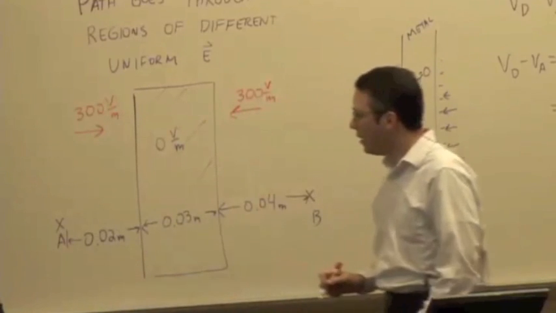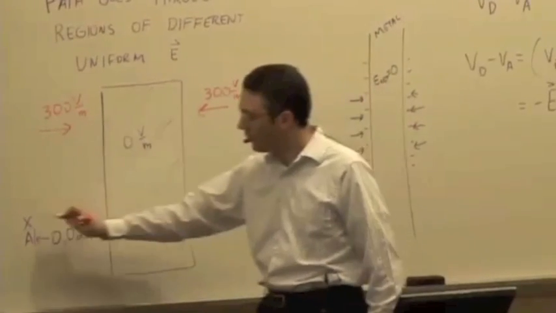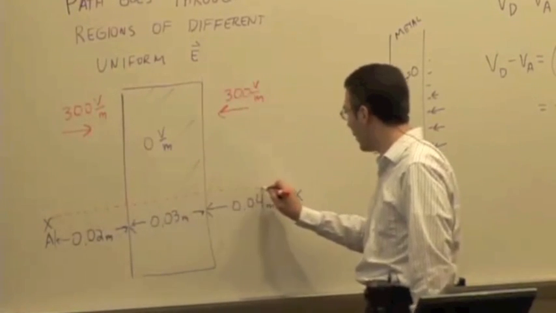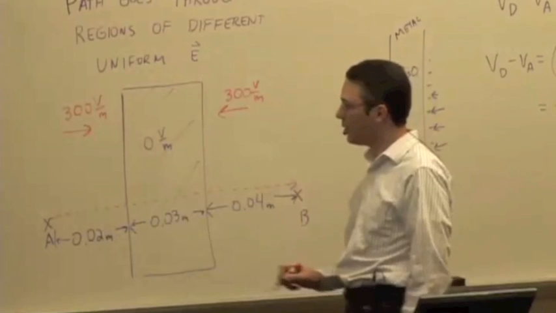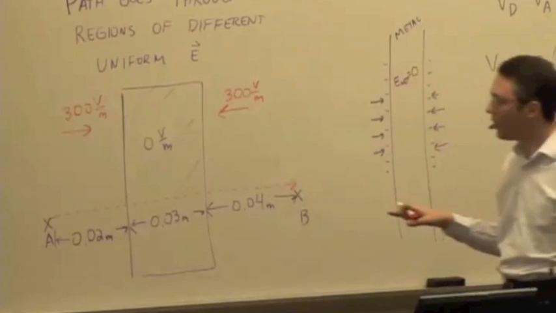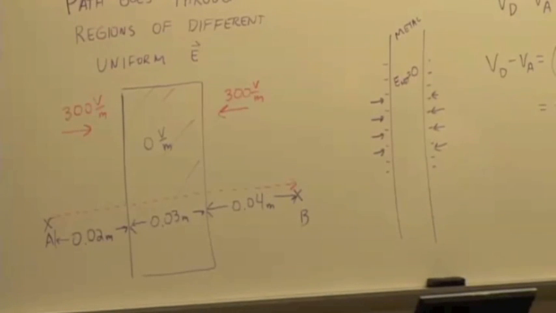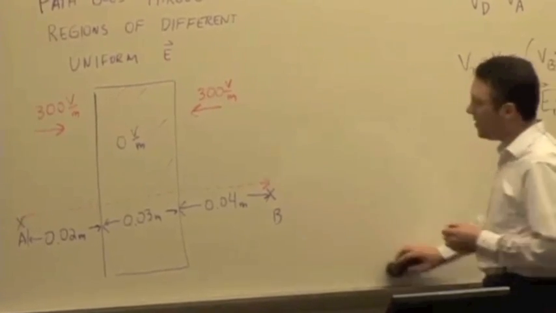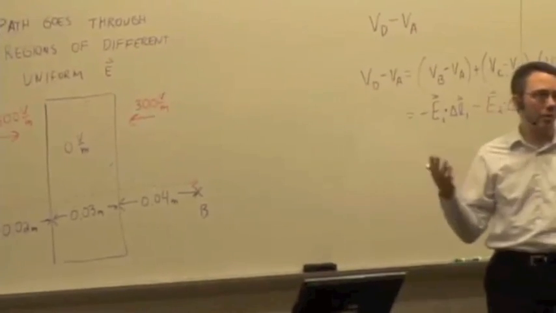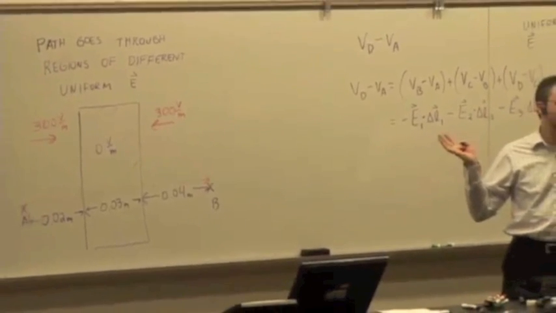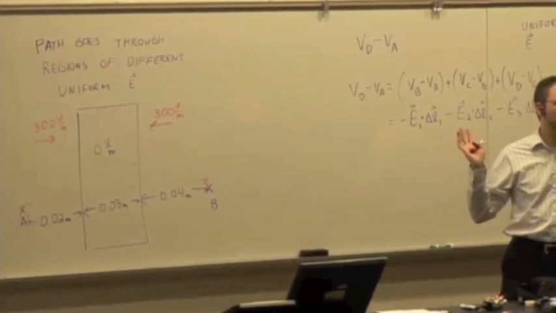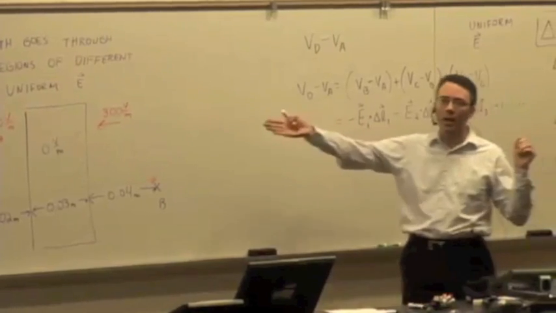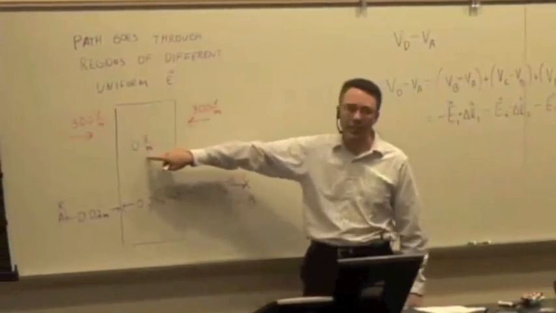Okay? And our path goes, we said we're starting at A and we're going to B, right? So I'll just pick a path that goes along a straight line. It goes straight through the block, directly over to B, right? How many different regions do I want to break this up into? 2? 3? Well, one region has an electric field that is equal to 0, right?